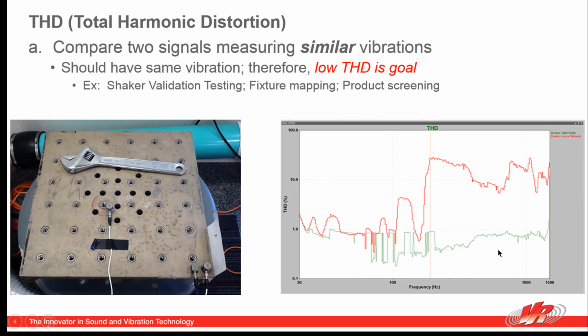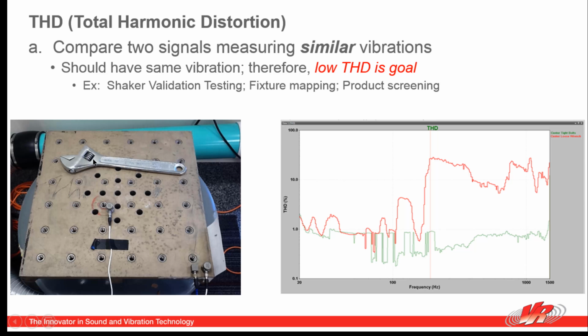When we ran the test, this green line would represent the vibration of one of these accelerometers on the corner when there was no wrench placed on the head expander.